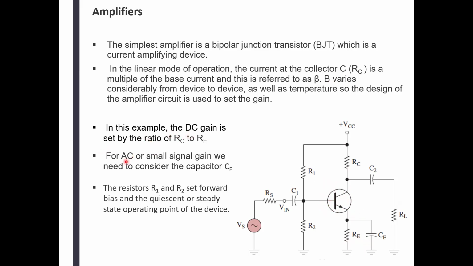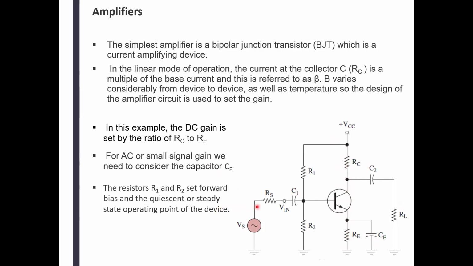So for an AC or small signal device, for AC signals, we need to consider a capacitor, this one right here. For the DC amplification, the gain of the DC component, these two resistors are fine. And it is going to give you some gain for the AC signal as well.